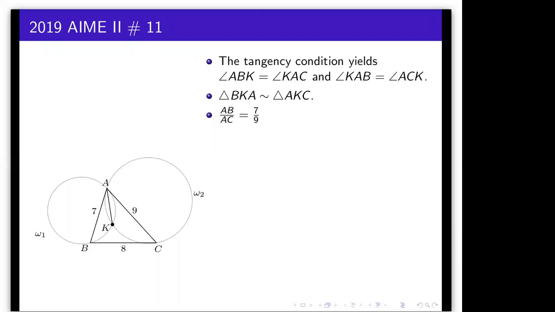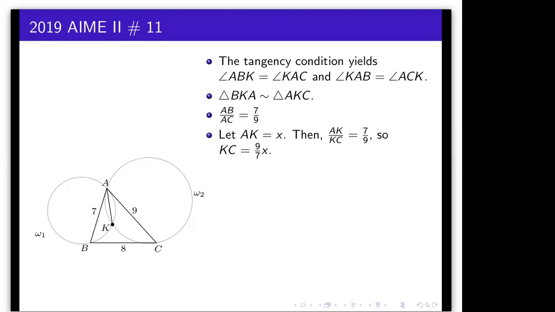The ratio is AB over AC, which is 7/9. So AK over KC is 7/9 because they are corresponding sides in the triangles. That means that KC is 9/7 X.